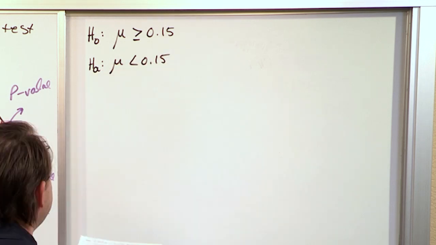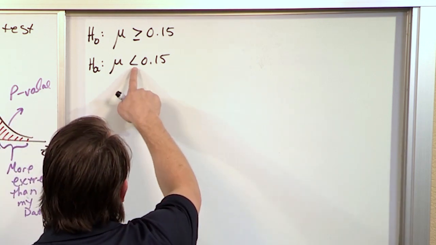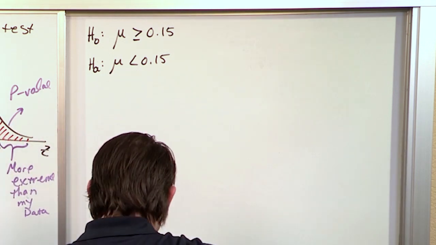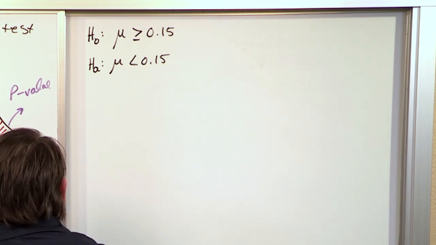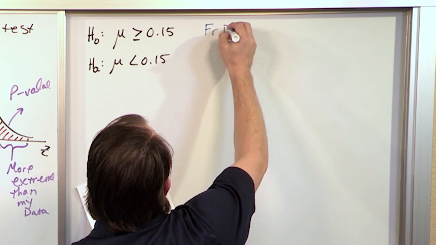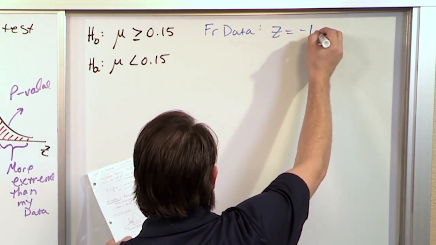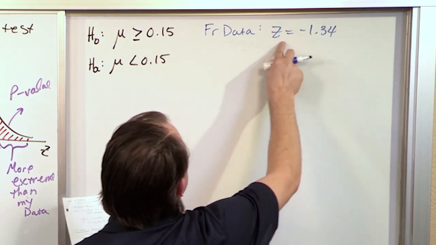So this is a typical problem that you could actually have. The alternate hypothesis is to the left, so you know you're doing a left tail test. That tells you that. All right. Also given to you in the problem, from the data, the test statistic z is negative 1.34. This doesn't fall out of thin air.